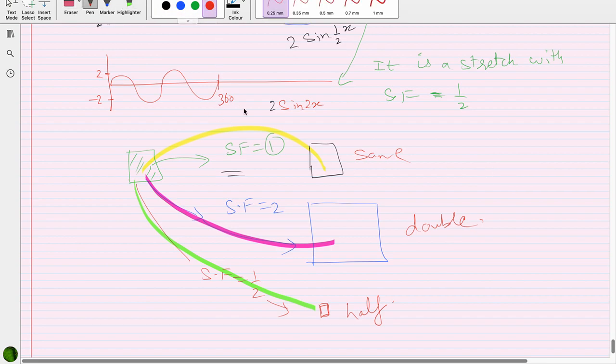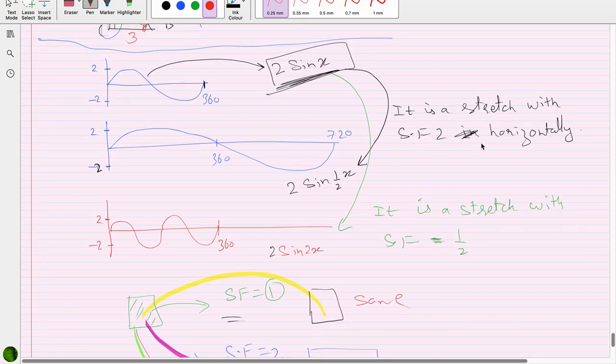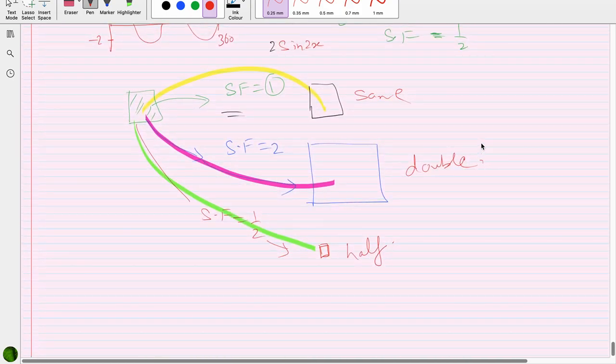So is this part clear, that we call it stretch? So scale factor more than 1 means it is spreading horizontally. Scale factor less than 1 means it is squeezing. We just use the word stretch. And same is the case with y-axis.